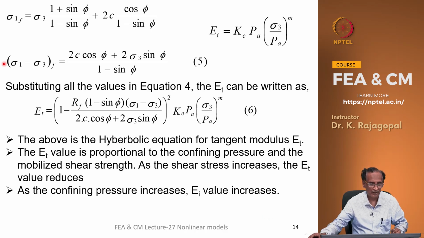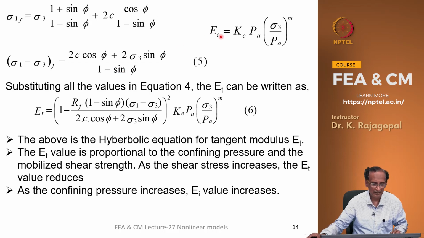Our sigma 1 failure can be related to sigma 3, C and phi through the Mohr-Coulomb relation, and if you subtract sigma 3 from the right-hand side, you can simplify this as 2C cosine phi plus 2 sigma 3 sin phi, by 1 minus sin phi.